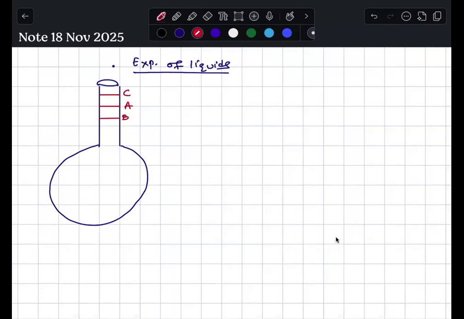See, one thing is clear, B to C is a real expansion. Whereas A to C is with respect to container.